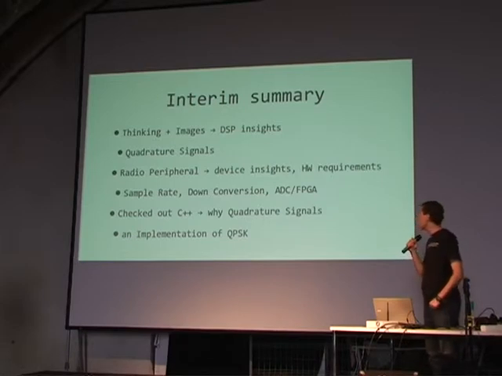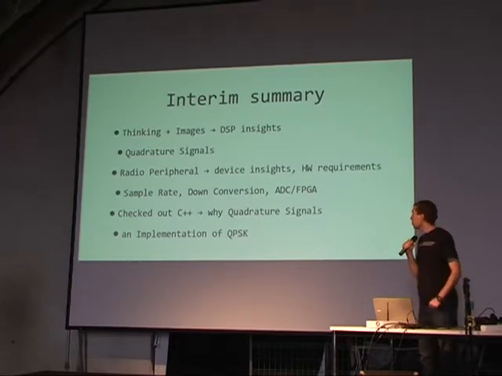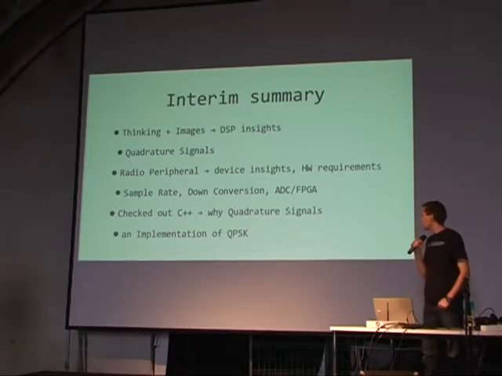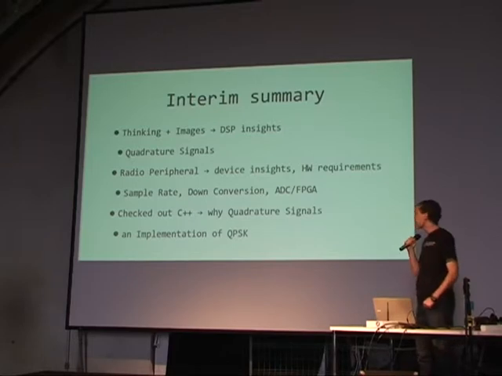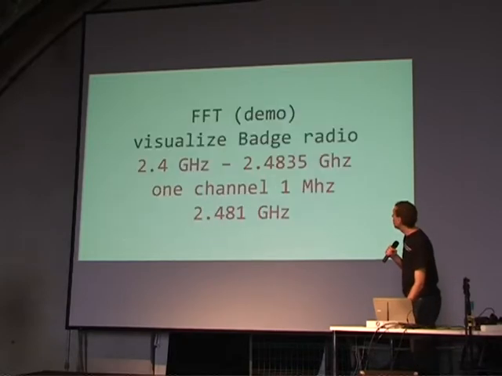So if it cannot receive the spectrum we are targeting, we cannot necessarily process any data with it. We have terminology which is sample rate, down conversion, ADC, FPGA stuff. And we checked out some C++ to see why we use quadrature signals, which practically is a real implementation of QPSK.